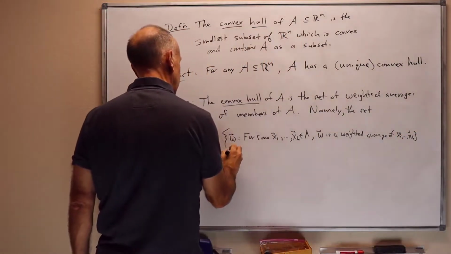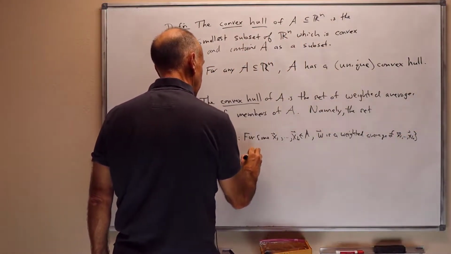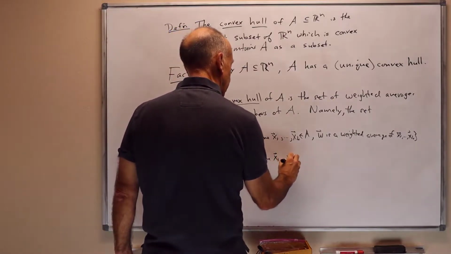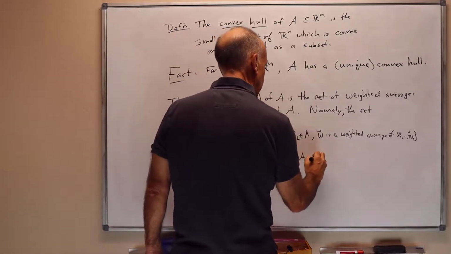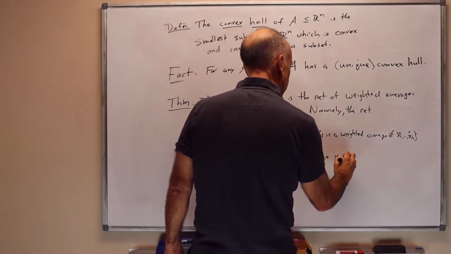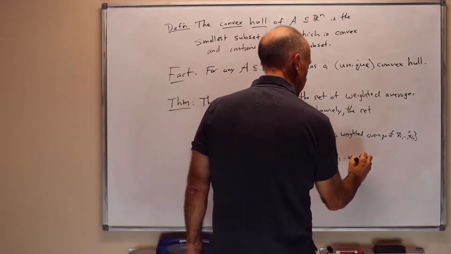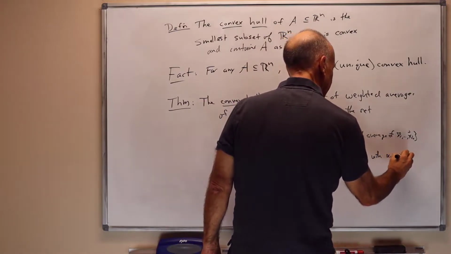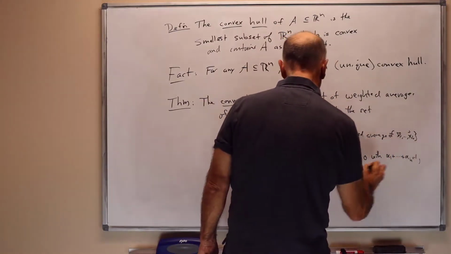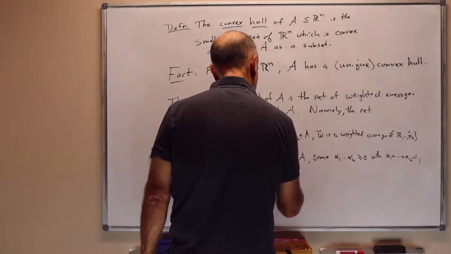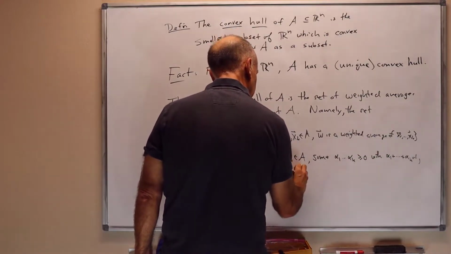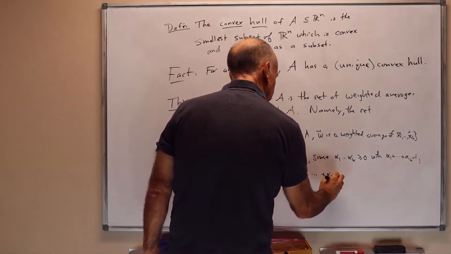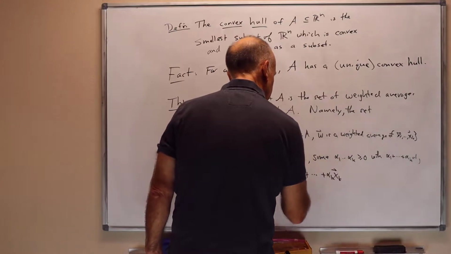Another way to say this is it's the set of W such that for some x1 through xk in A and some alpha 1 through alpha k, all greater than or equal to 0, with alpha 1 plus dot dot dot plus alpha k equals 1, W is equal to alpha 1 x1 plus alpha 2 x2 plus dot dot dot plus alpha k xk.